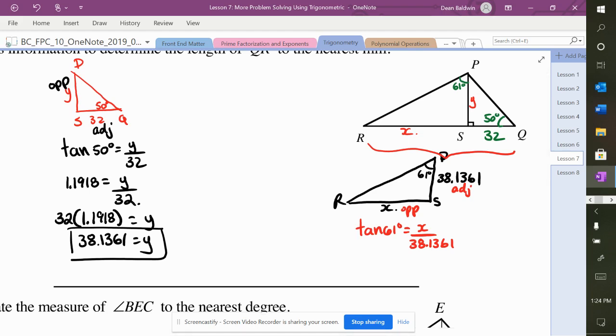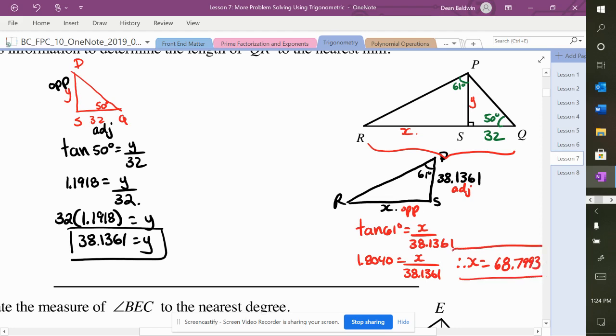Tan 61 is 1.8040. So multiply that by 38.1361. 68.7993 or something similar to that.